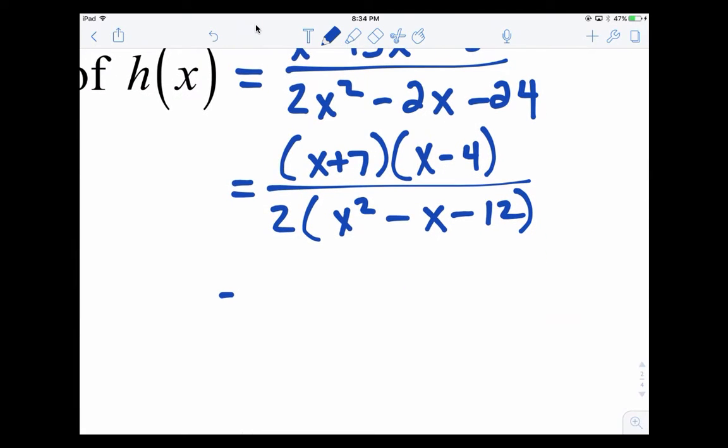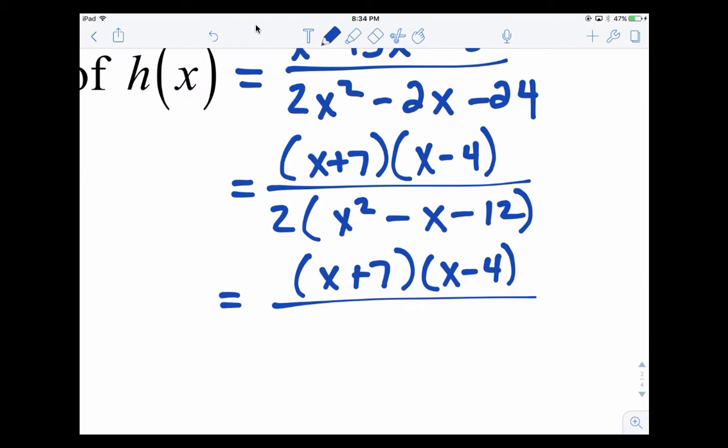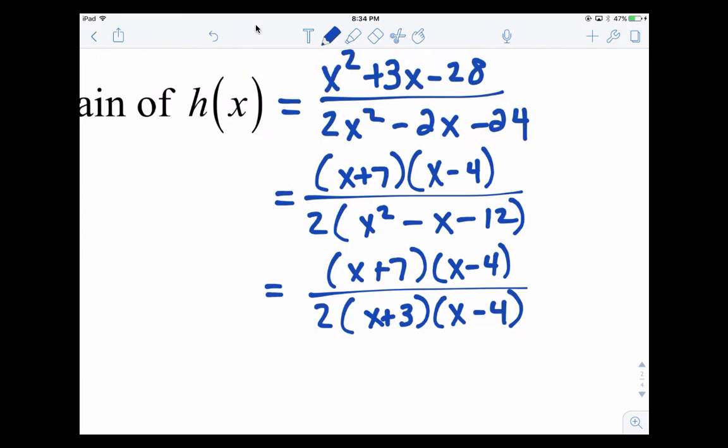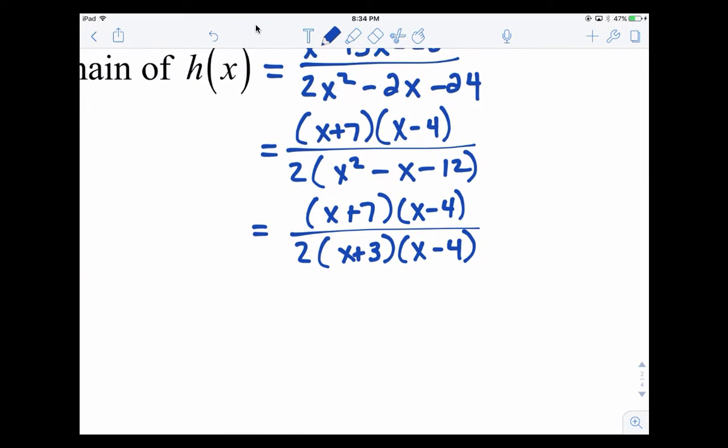And if you continue on, you have 2 times x plus 3, x minus 4. As you look at that factored form of the function, you're really concerned about what the denominator is.